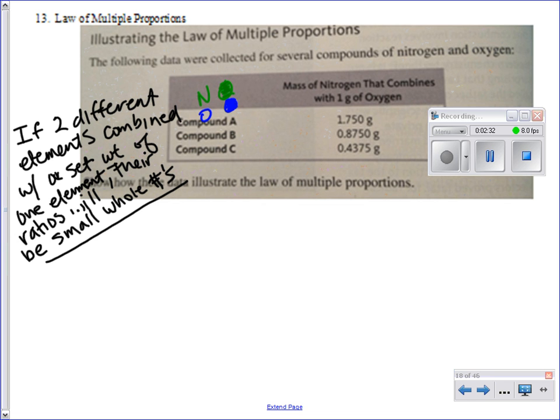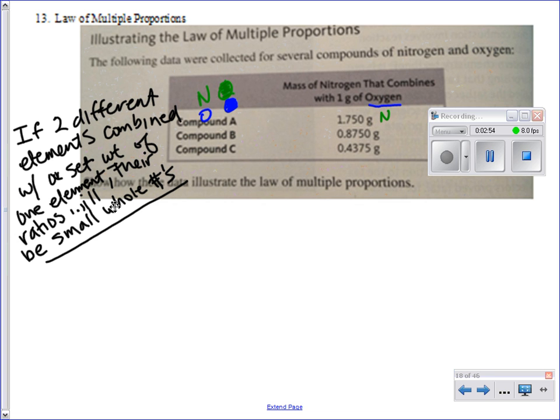In each case, we are combining a certain amount of nitrogen with a set 1 gram of oxygen. So compound A mixed 1.750 grams of nitrogen with 1 gram of oxygen, and so on and so forth. Got it so far? Are you kind of with me?